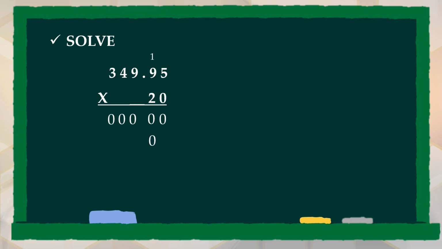So 0 carry 1. 2 times 9 is equal to 18 plus carry 1 equals 19. So 9 carry 1. 2 times 9 is equal to 18 plus carry 1 is equal to 19. So 9 carry 1. 2 times 4 is equal to 8 plus 1 equals 9. 2 times 3 equals 6. Then add.